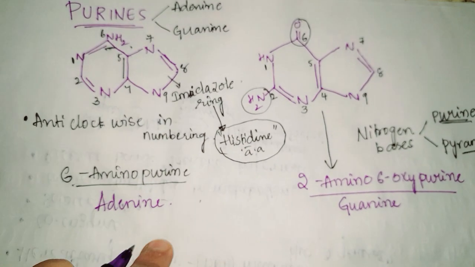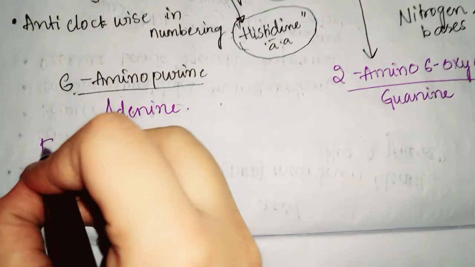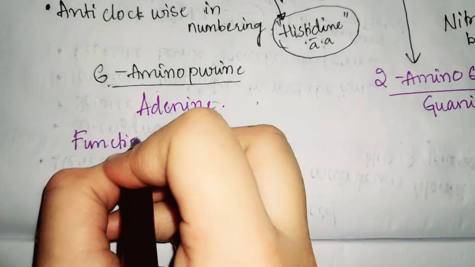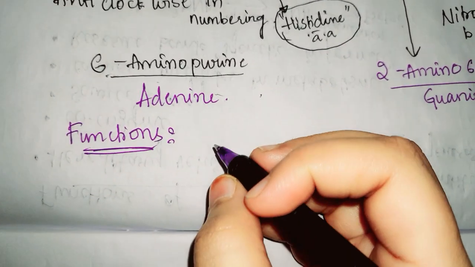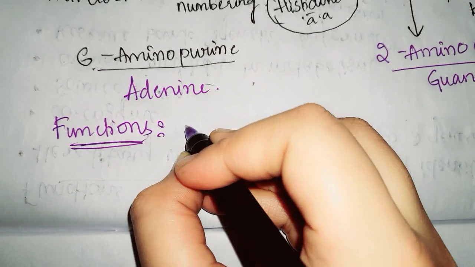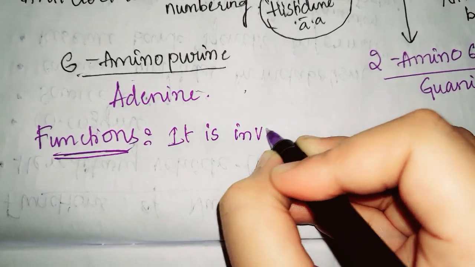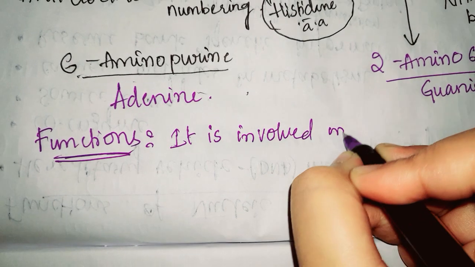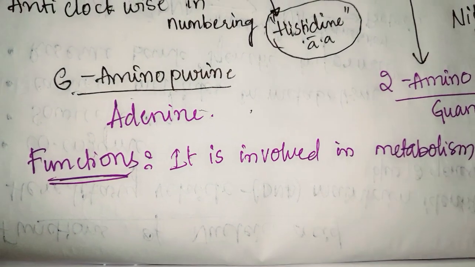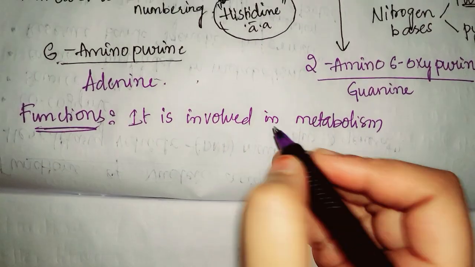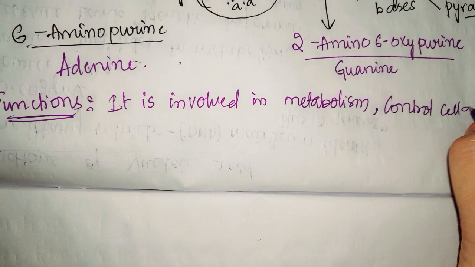Now we'll see the functions of purines. There will be very few functions of purines, not few, actually we can say there are many. It is involved in metabolism, and it also controls cell growth.